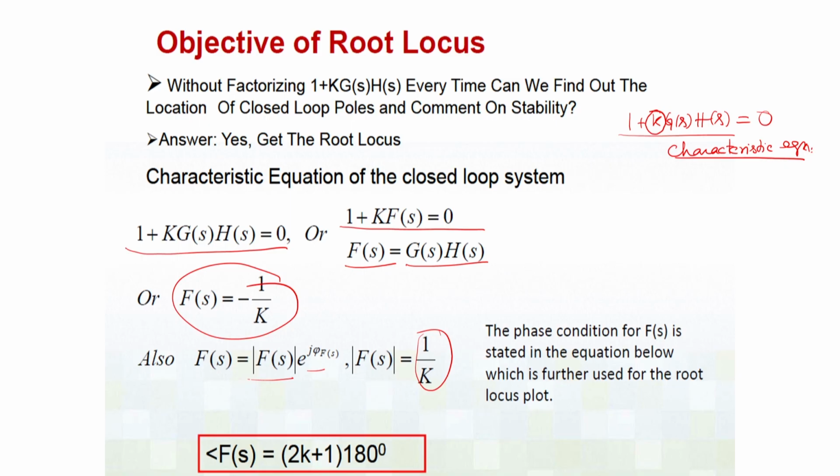What I am interested in is that the phase value should finally come down to minus 1, and that means the phase should be an odd multiple of 180 degrees. This will be the telltale criteria of measuring whether a point is part of the root locus or not. So, this is the criteria that we are going to utilize.